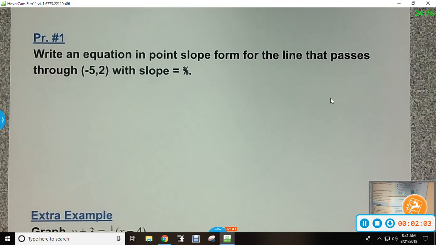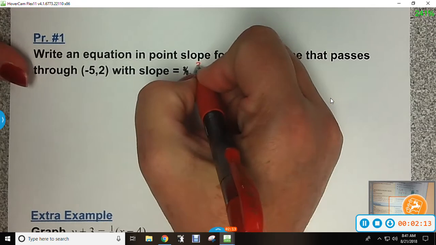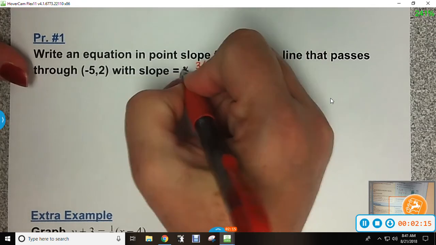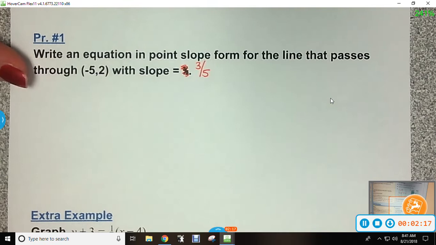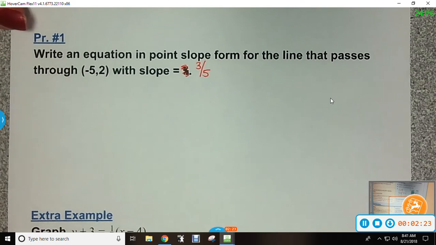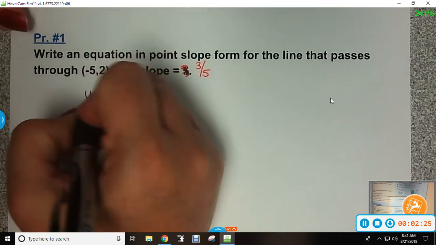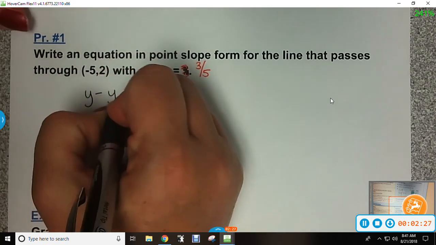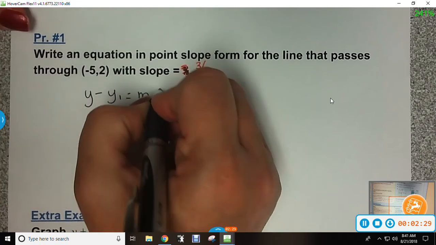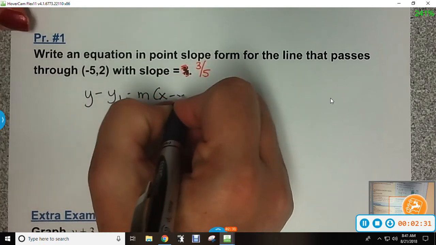Okay, they want me to write an equation in point-slope form for the line that passes through -5, 2, and has a slope of 3/5. I'm going to have to increase the font on those fractions from now on. Okay, but my slope is 3/5. So my point-slope form, remember, it's y minus y sub 1 equals m times x minus x sub 1.